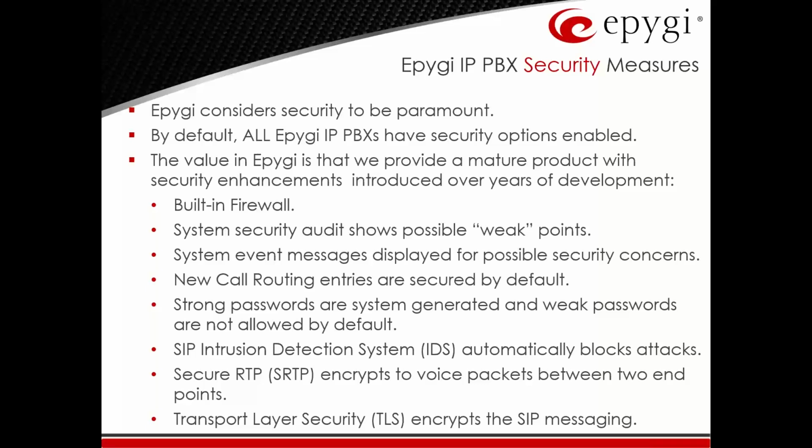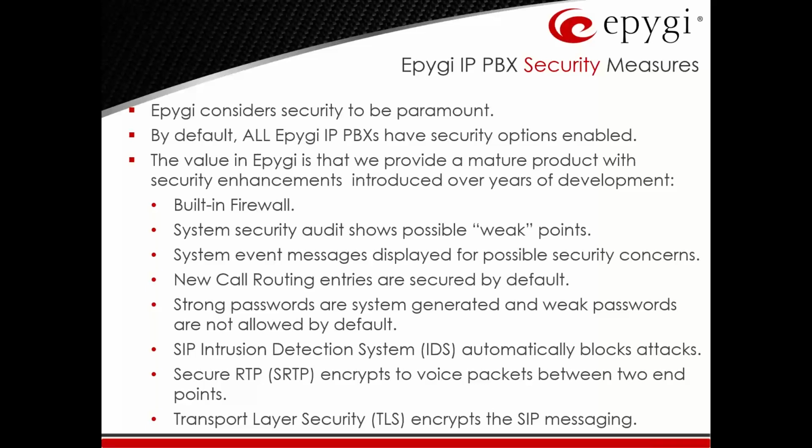Any new call routing entries that are added are secured by default. Actually, the entire system is secured by default, and as you begin to configure the system, you want to make sure that you maintain that security, and that's part of the training process and documentation we have out there.